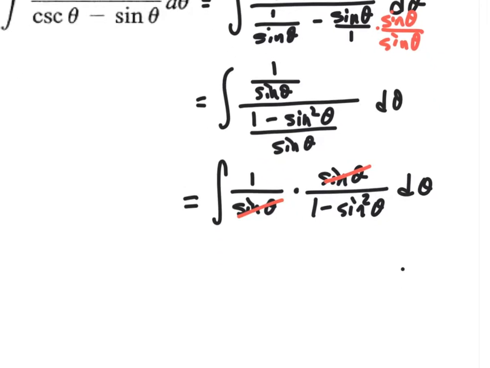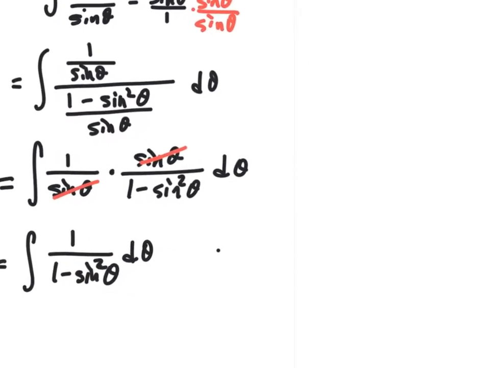From there I can rewrite my integral as the integral of 1 over 1 minus sine squared theta d theta. And I'm still looking at this and going, okay, I don't really have anything for the antiderivative of this. But let's think about that Pythagorean identity again.